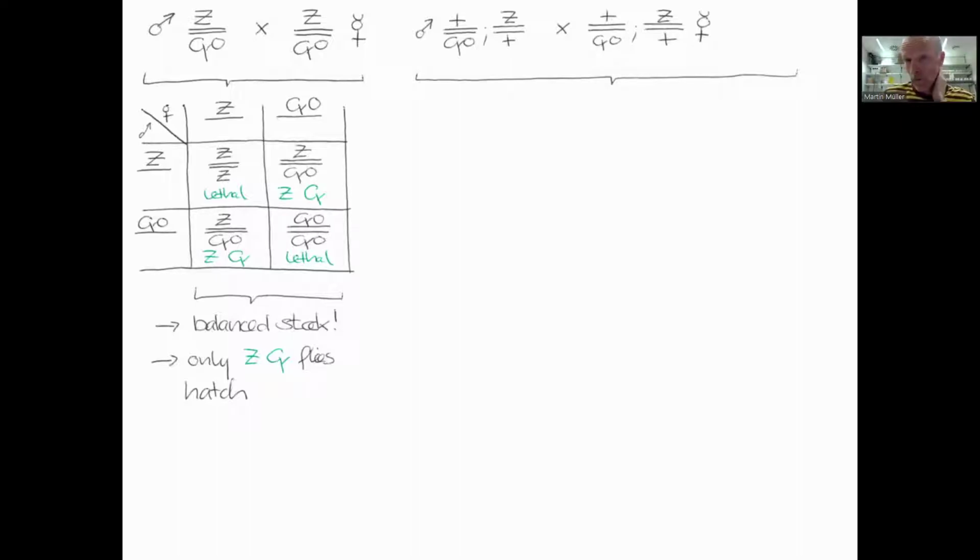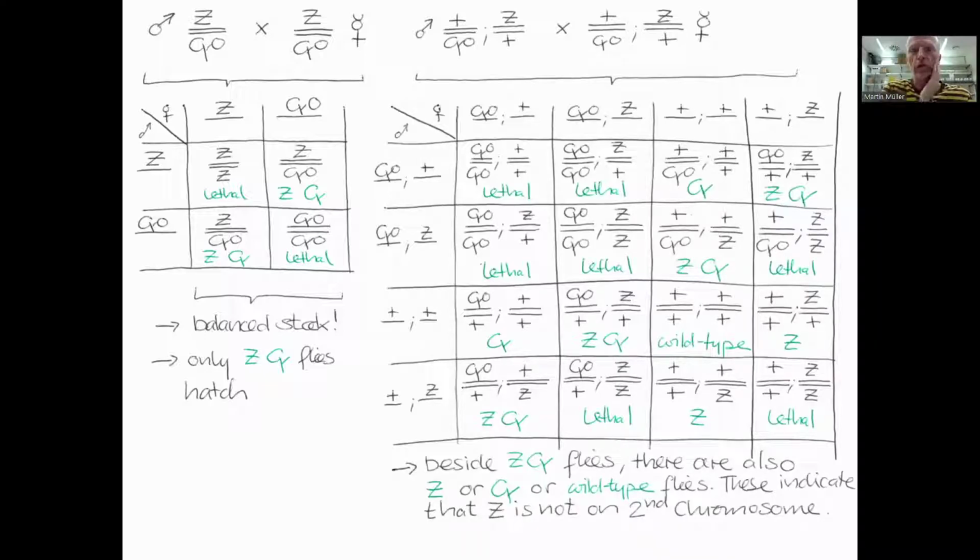Now, the Punnett square for the other cross is quite a bit more complicated, and you have to make sure that you don't make any mistakes. I hope I didn't make any. You get 16 different genotypic classes, which result in 4 different viable phenotypes.